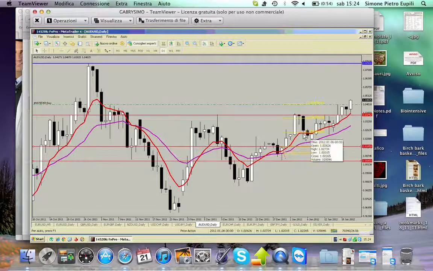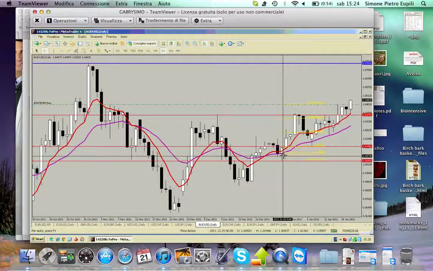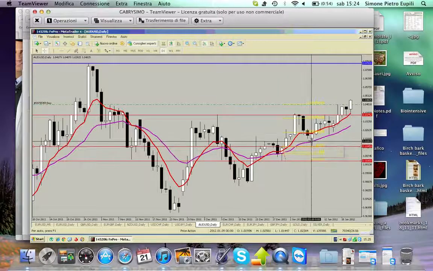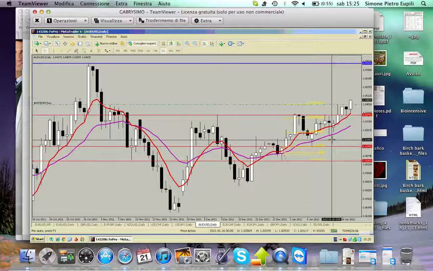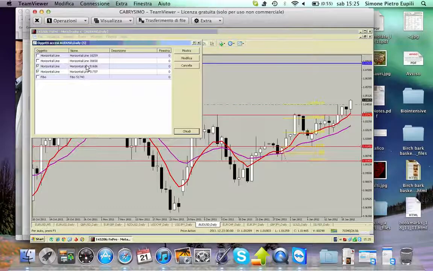After this close, we were going to encounter another trade here, another pin bar like the first one, always on the moving average, but I didn't enter it here, and I will show you why.